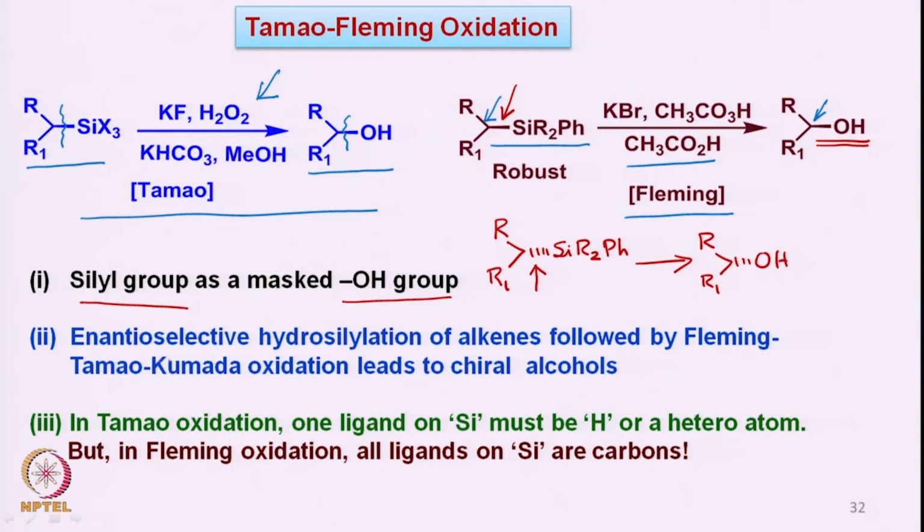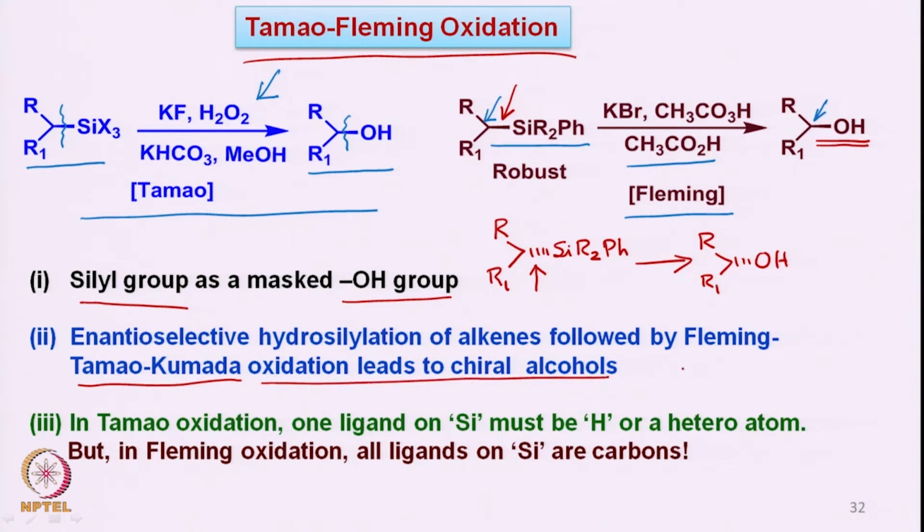So, enantioselective hydrosilylation of alkenes followed by Fleming-Tamao-Kumada oxidation. Of course, Tamao and Kumada did the oxidation together. So, this is called the Tamao-Kumada oxidation, but popularly it is also called the Tamao-Fleming oxidation, and it can lead to chiral alcohols.